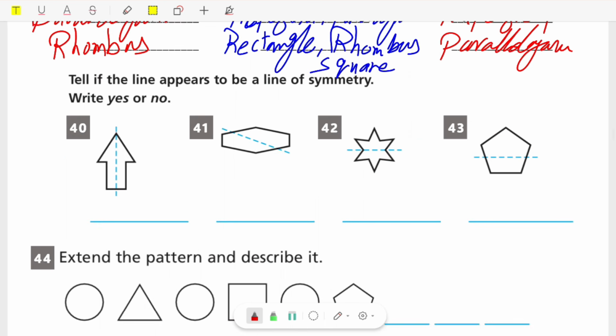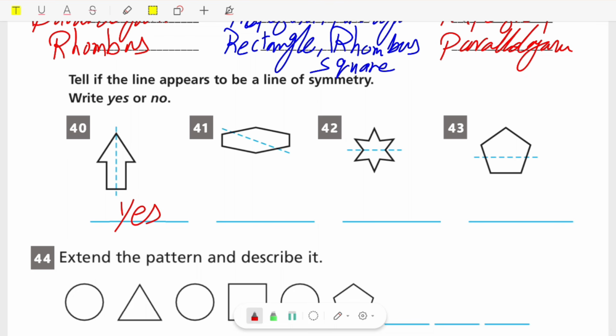Okay, let's go to the next one. Tell if the line appears to be a line of symmetry, yes or no. So a line of symmetry, as we said before, has to divide the shape into two identical halves. As you see in the first one here, this arrow is divided into exactly two identical halves. So we can say that this line is a line of symmetry. So let's write here yes.